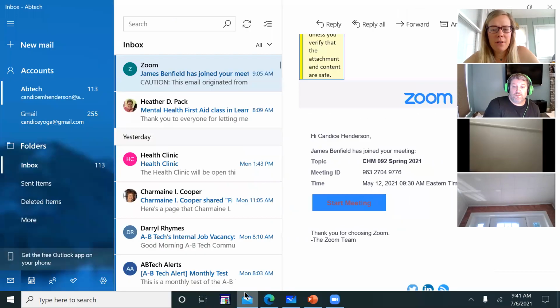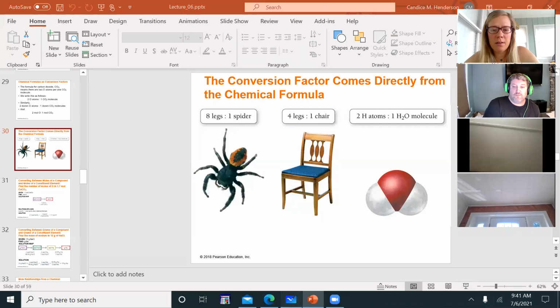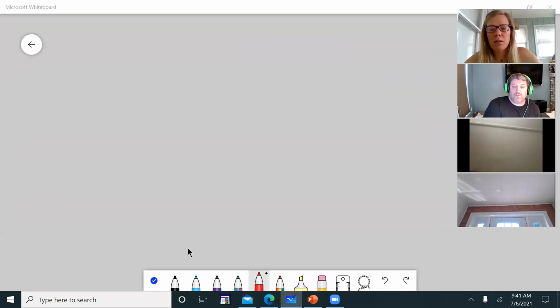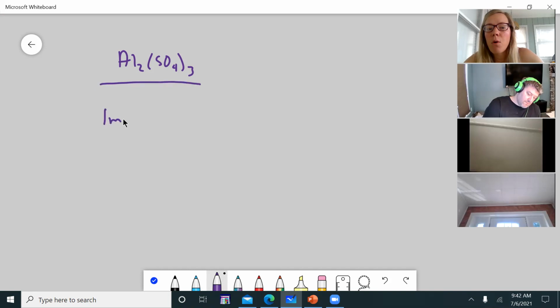So if I have a formula, let me write out a new one here, such as aluminum sulfate, Al2(SO4)3. There is a built-in molar ratio within this formula. It says that for every 1 mole of the entire compound, Al2(SO4)3, we get 2 moles of aluminum.